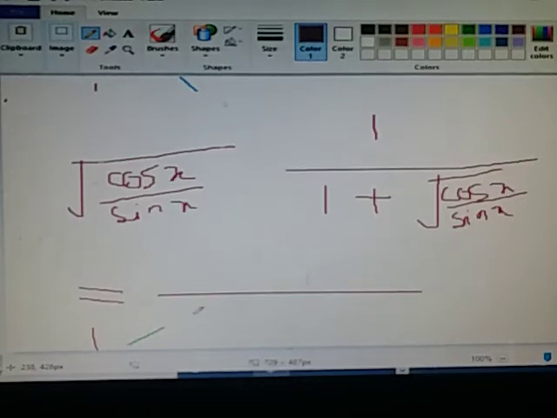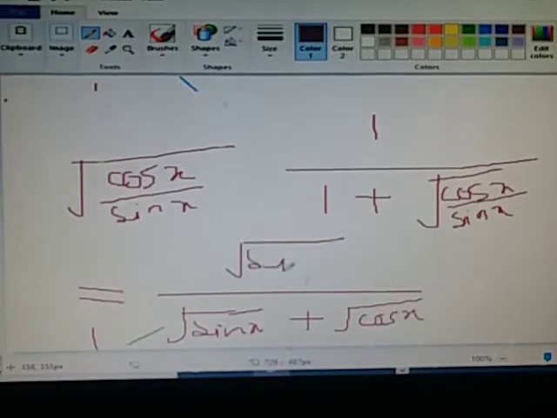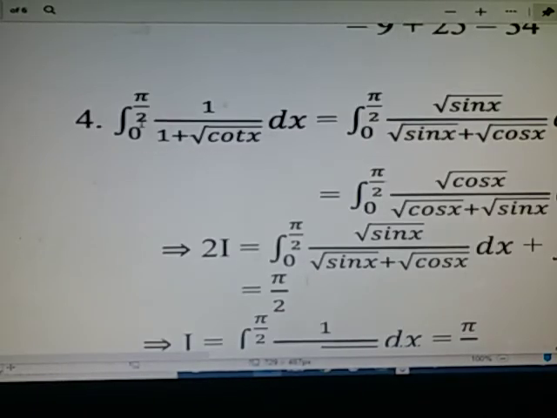You multiply root over sin x here, and this goes, it is root over cos x, and the numerator is again root over sin x. So this is root over cot x, we are writing like this, root over sin x divided by root over sin x plus root over cos x. So it is done.